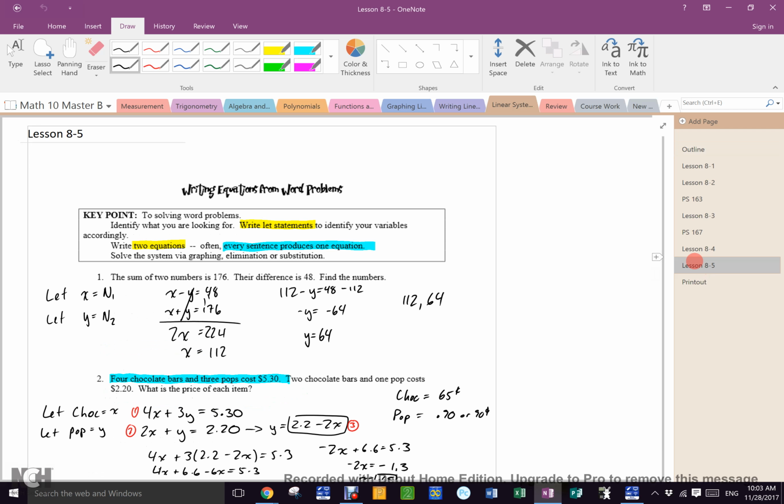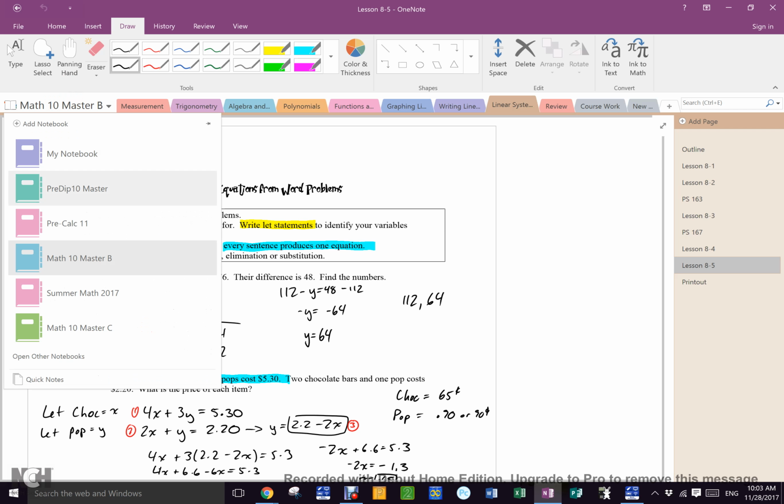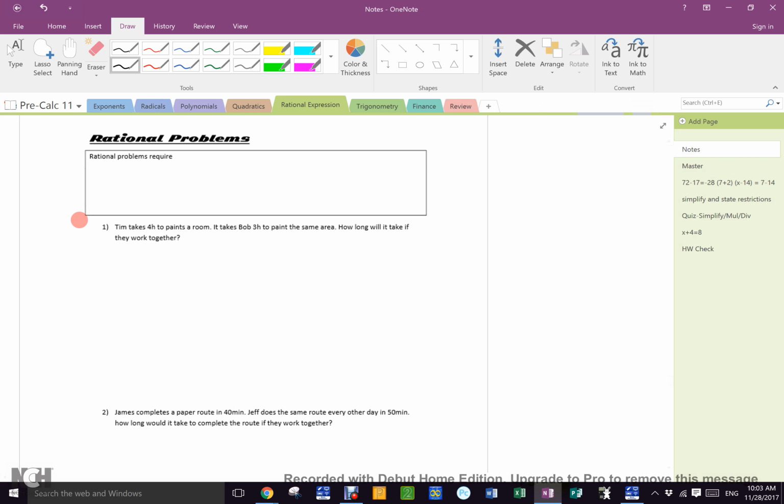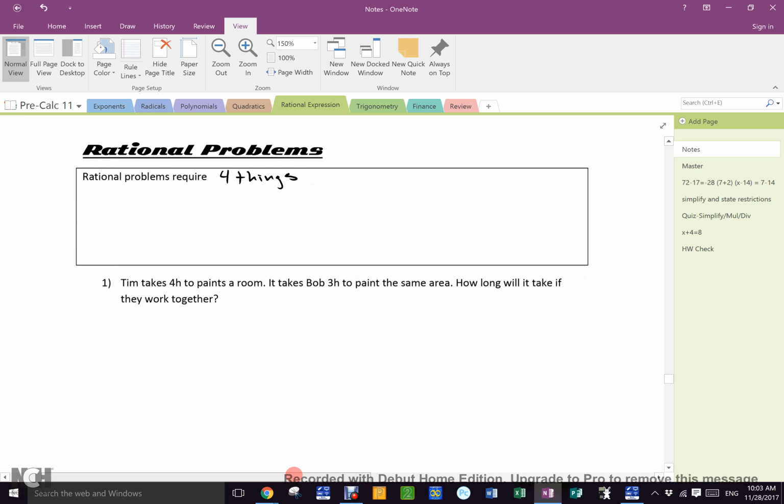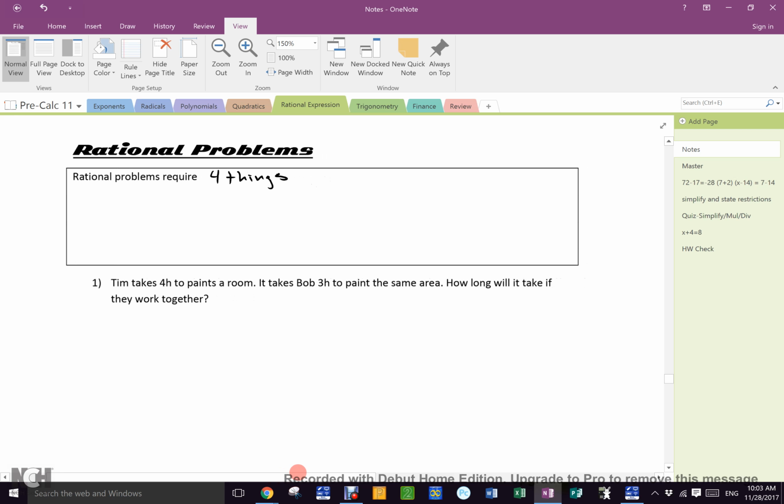Word problems. And all word problems follow the same thing. You got to do 4 things if you want to solve these. That is too small. Let's make it bigger. Yeah, that's the stuff. You got to do 4 things, okay?